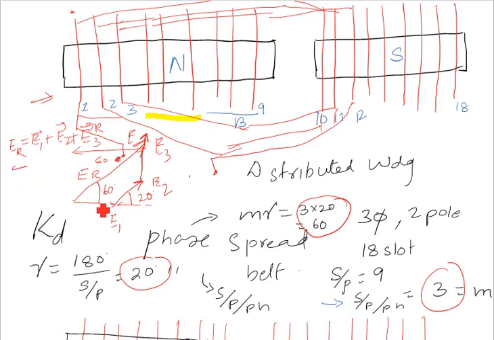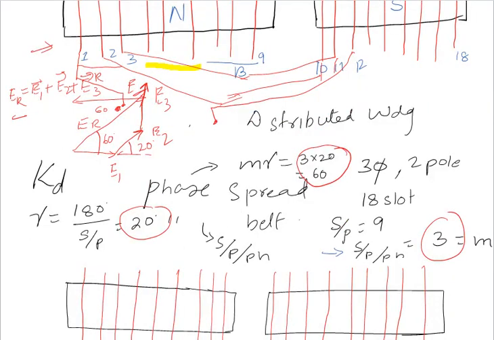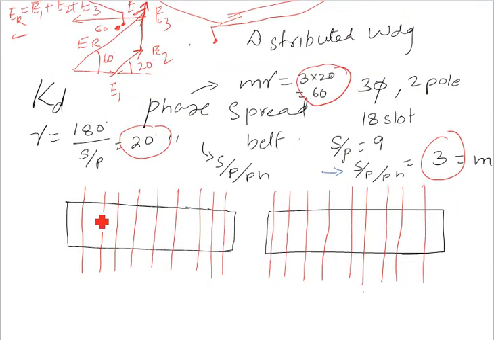Now, next is concentrated winding. All the windings will now be concentrated in one. Concentrated means all the windings of a phase are taken from one place only.